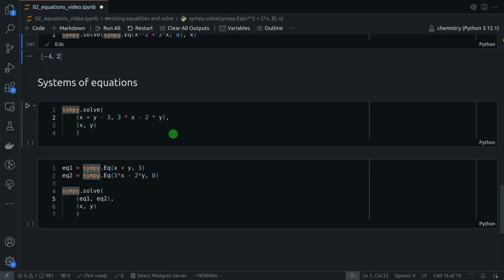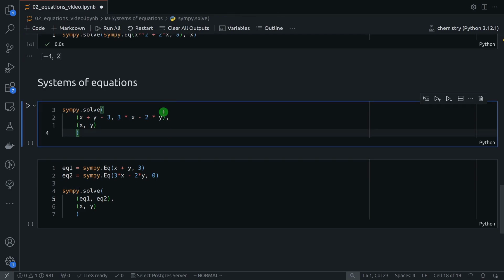SymPy can also solve systems of equations. To solve a system of equations, you can pass the equations as expressions, as we've seen before. So we have here the first expression and the second one. So you can think of each expression as an equality. So x plus y minus 3 equals 0, but we don't actually write the equals 0 when we are writing an expression.